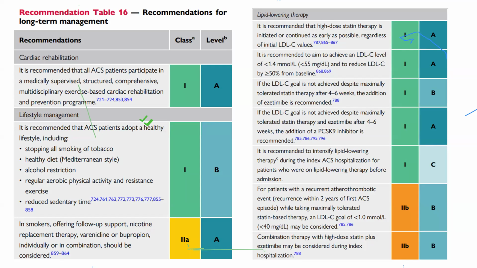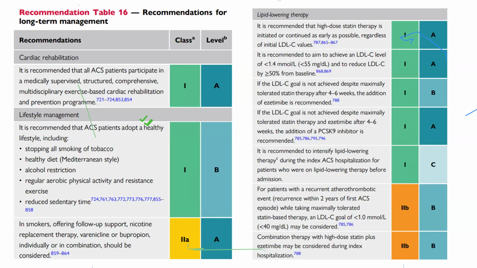If the LDL target is not achieved despite the maximum dose of the statin and ezetimibe after 4 to 6 weeks of this combination therapy, then you should consider PCSK9 inhibitors. There's the monoclonal antibody and there's the RNA. In Ghana, we have inclisiran now, but it's very expensive.